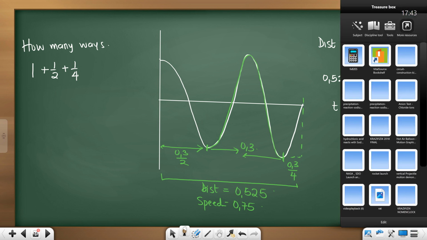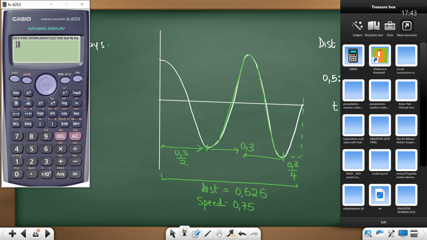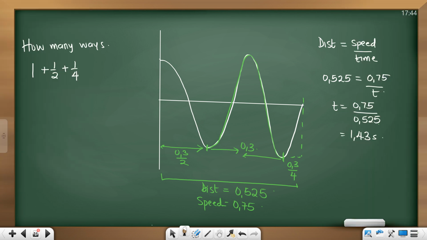So how many waves in total? One plus a half plus a quarter. 1,75. So 1,75 waves. Okay. 1,75 waves.